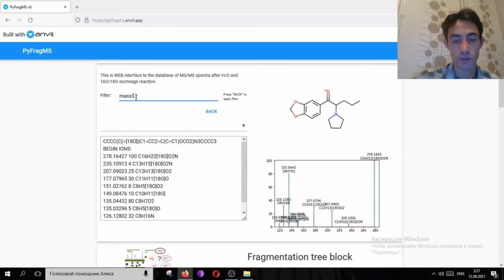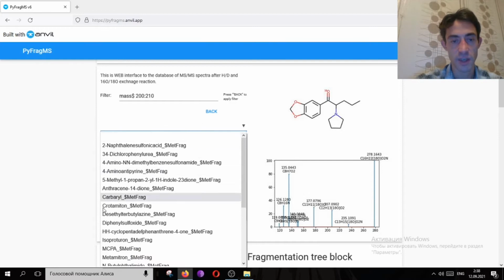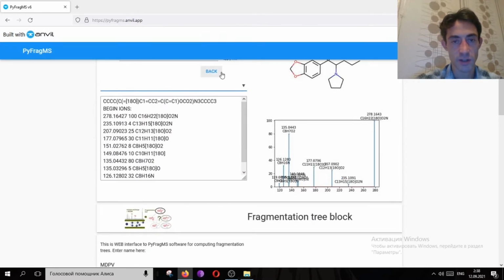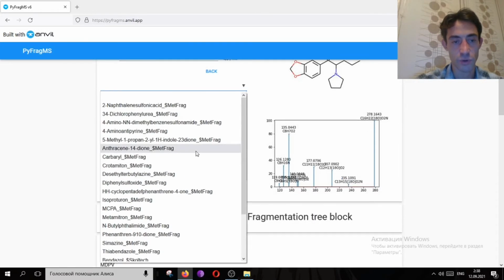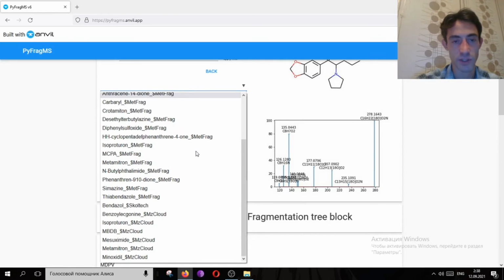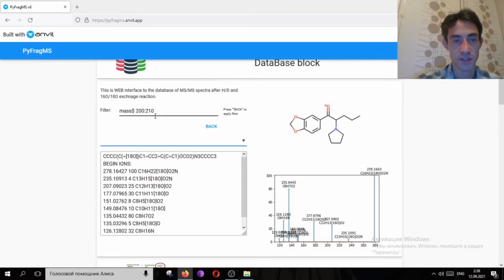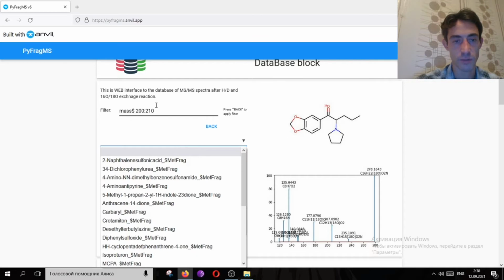For example, we would like to select molecules with mass from 200 to say 210, and we should press this button to apply this filter. And in this case, you can see here only those molecules with m/z in this range will be selected.